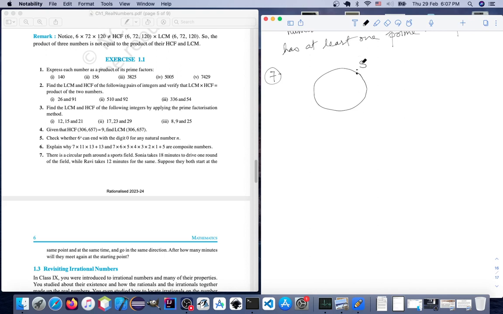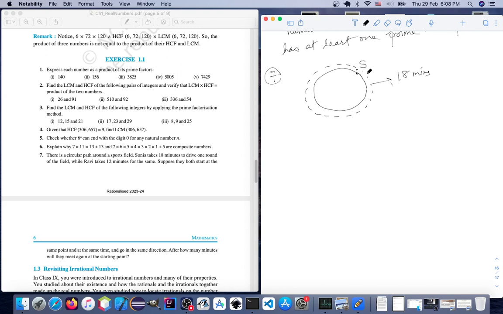For Sonia to complete one circular round and come to the same point takes 18 minutes.